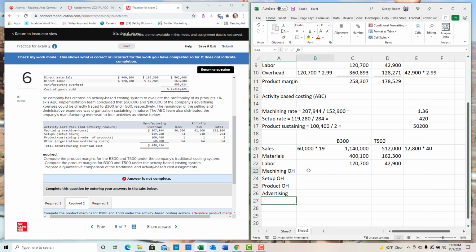So for our machining overhead, from this chart, we can see that B330 had 90,300 machine hours. And we can see that our machining rate is $1.36. T500 had 62,600 machine hours.